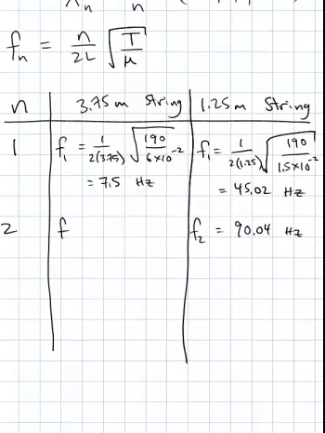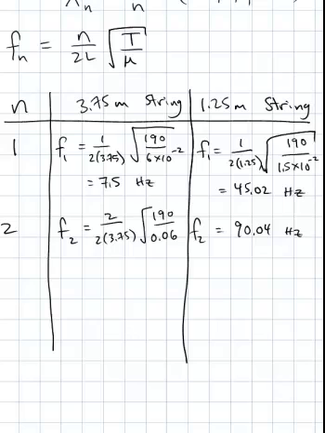So this is going to be n is equal to 2. And that's going to give me 2 over 2 times the length. And I've got the square root of the tension over 0.06. And that is 15, right? Twice as much as the previous one.